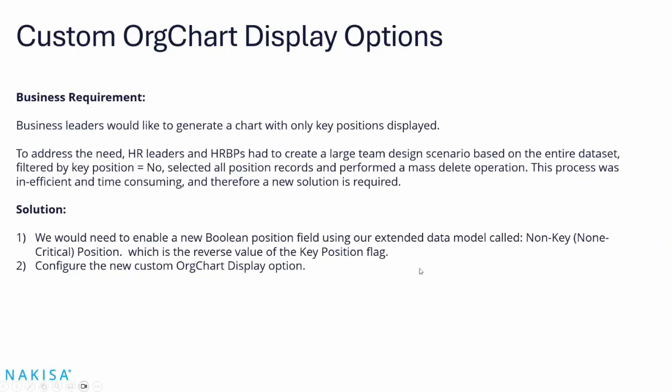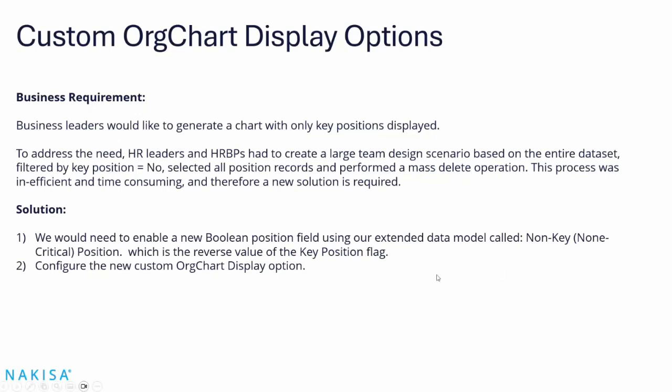But the tricky thing here is in the standard, we have key position equals yes or key positions equal no. Now remember, in the display options, we basically are hiding. So if I have it enabled, this means I'm hiding a specific position that satisfies the criteria. So if the assistant flag is true and I select hide assistants, then it will hide all of the assistants.